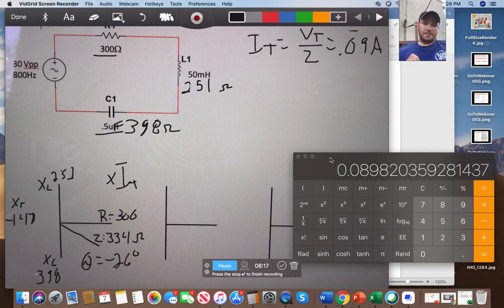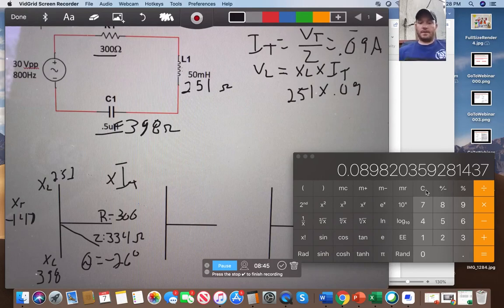To get our voltage drop across L, I'm going to take my X of L times my current total, which is 251 times 0.09.